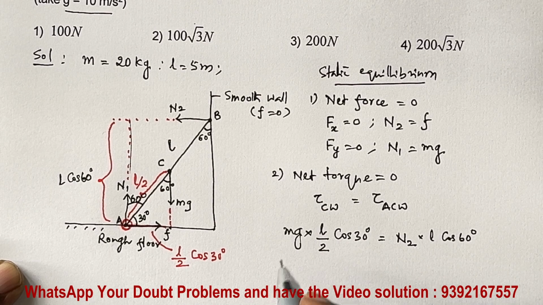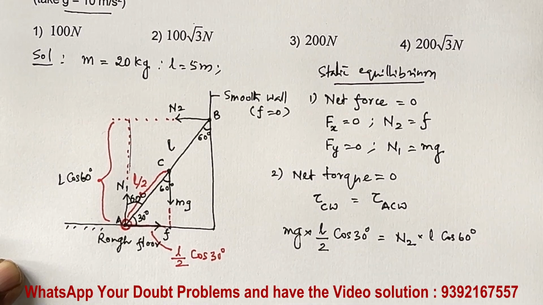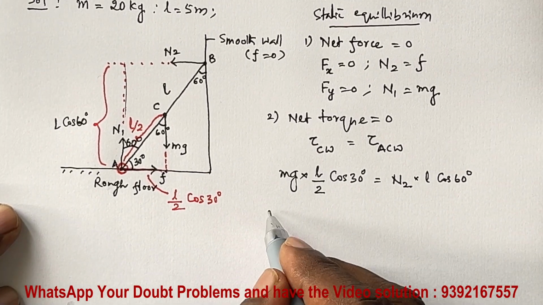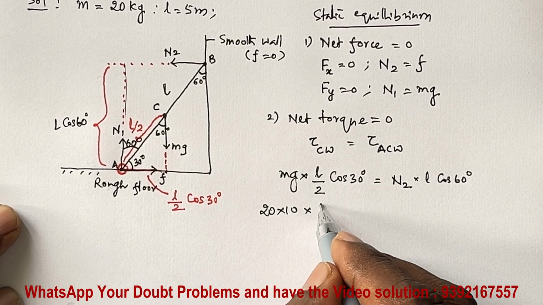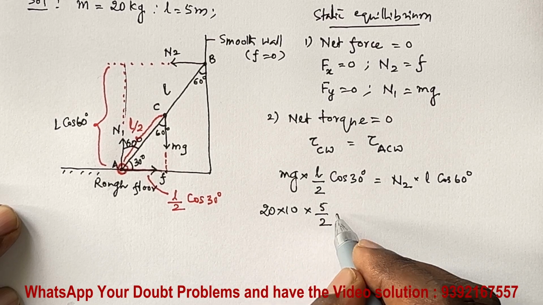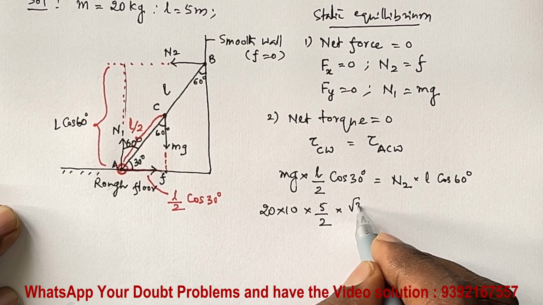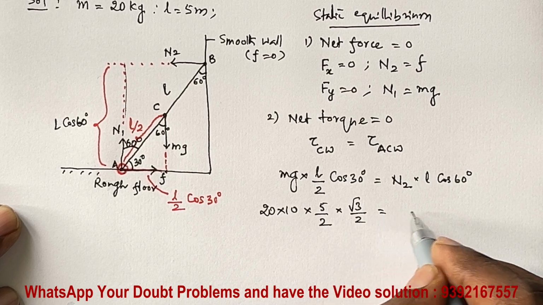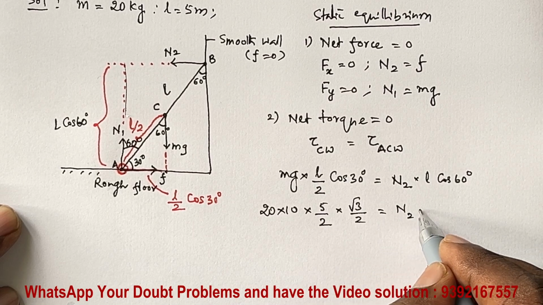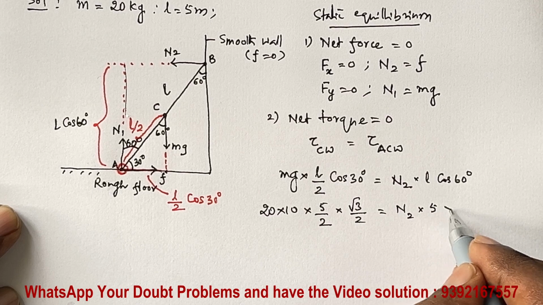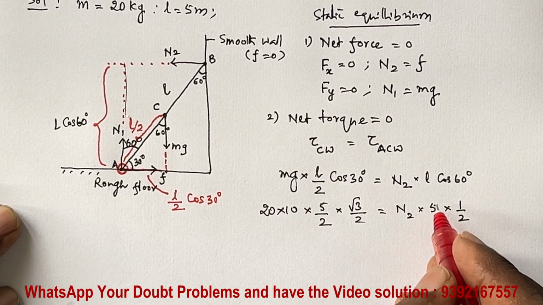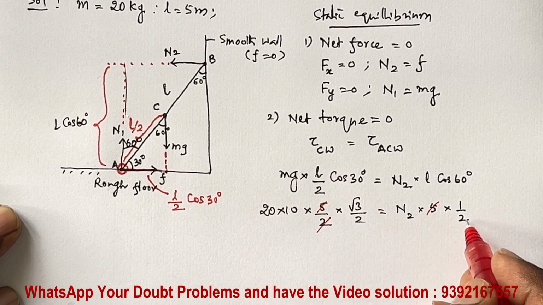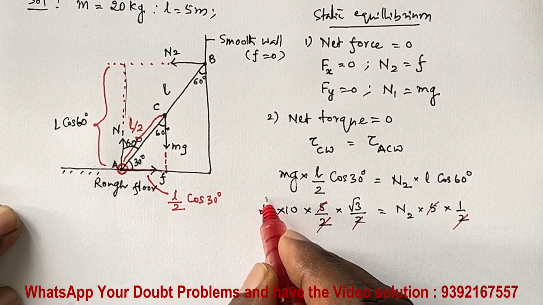These values, let us write. m is equal to 20, g is equal to 10, L is equal to 5, cos 30 is root 3 by 2; N2, L is equal to 5, cos 60 is 1 by 2. 5 cancels, 2 cancels, leaving 2 ones, 2 tens.